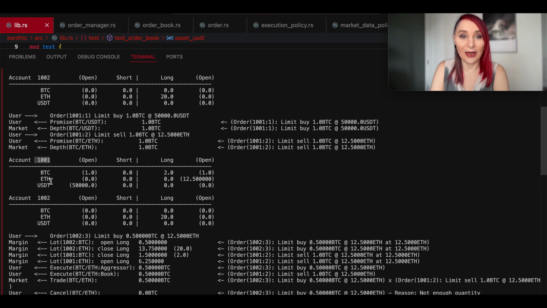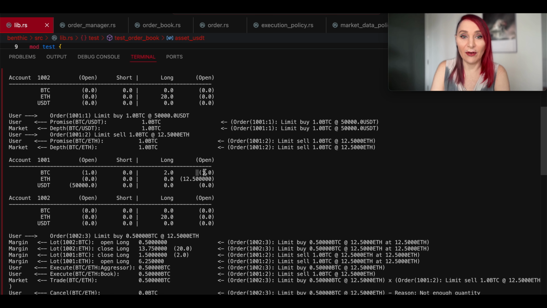So account number 1 has an open quantity of $50,000 on the short side, because in order to buy 1 Bitcoin for $50,000, user 1 will have to deliver $50,000 in order to receive 1 Bitcoin. So they will be potentially short $50,000. They're not short, but they are potentially short.